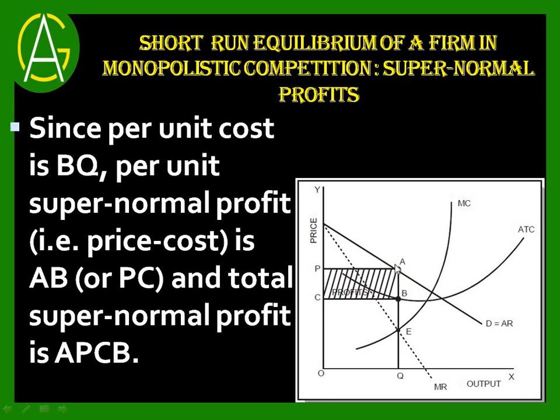It means that revenue is greater than cost. When revenue is greater than cost, it is considered as supernormal profit. We can see that AB is the per unit supernormal profit and APCB is the total supernormal profit. So the firm under imperfect competition earns supernormal profit in the short run.